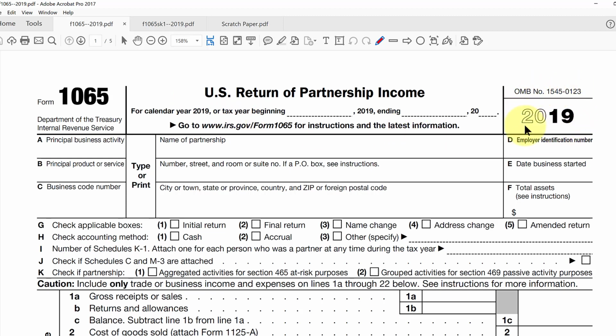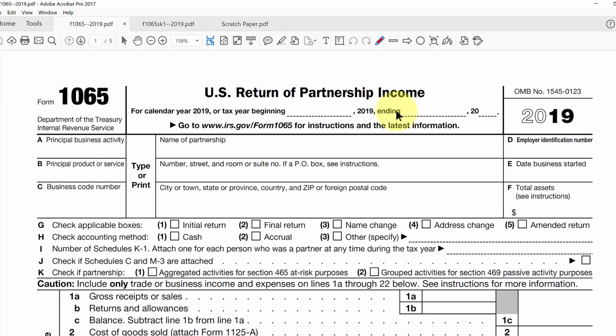Here is the 2019 version of the form. For most taxpayers, like you and I, individuals, if we're in a partnership and we own the majority interest, the partnership has to adopt the same tax year. So most partnerships with individual owners would use the 2019 calendar year and not a fiscal year here.